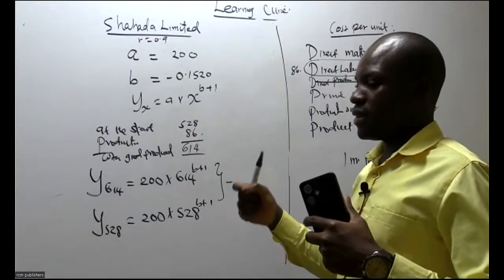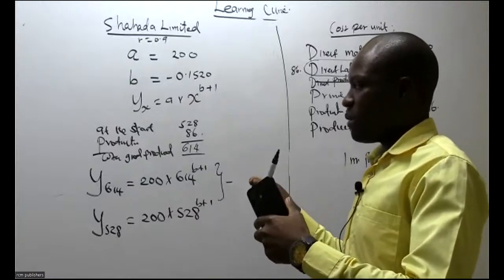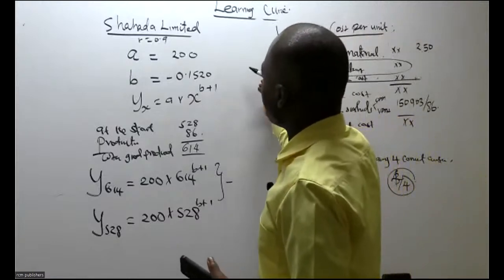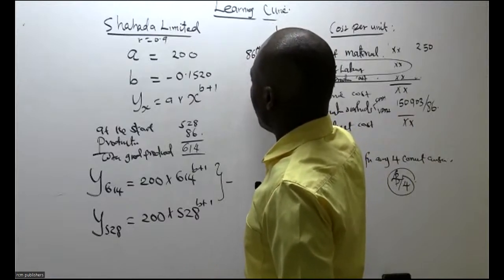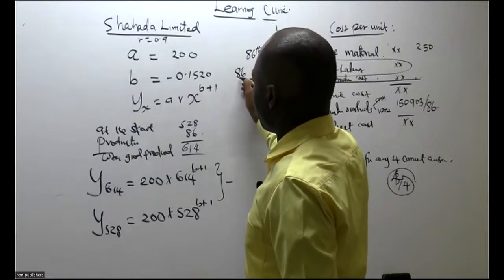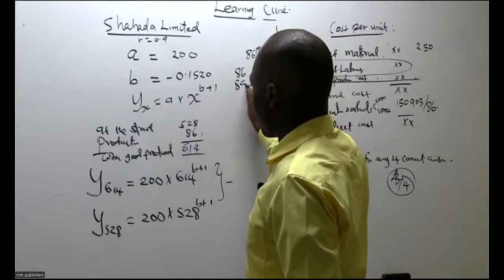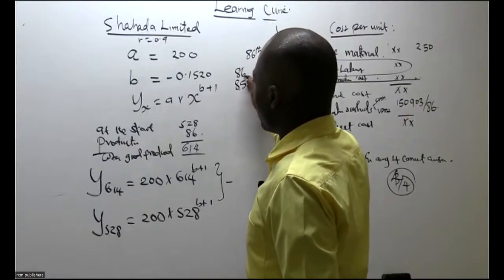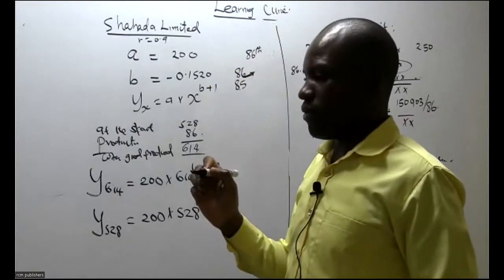Remember, there's a difference between the 86 units and the 86th unit. If you want to get the 86th unit, you get the first 86, then you get the first 85. The difference between the two will give you the cost incurred to produce the 86th unit.